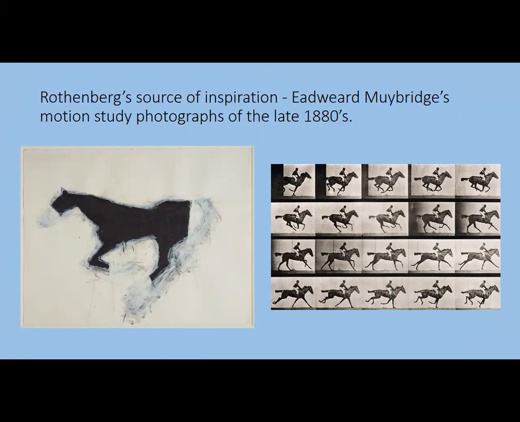This is before film, and these cameras were set off by tripwires, and he photographed this series of photographs of this race horse in motion, and they proved that yes, there is a point where none of the horse's legs touch the ground. And so Rothenberg's inspired by him. We'll learn about another artist later on, Sol LeWitt, who was also inspired by the work of Muybridge.